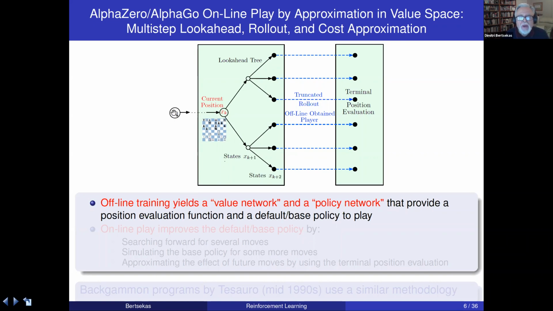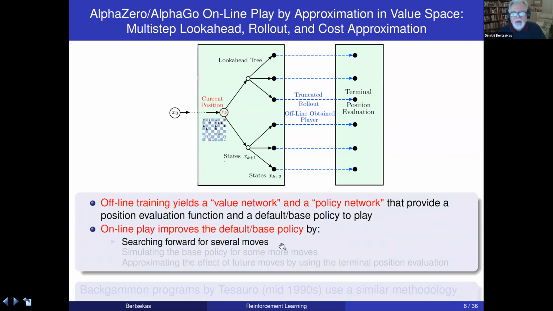Let's think of a game as a sequence of positions. Let's say the starting position we'll call X0, and the current position let's call Xk. So that's our current position, and we have this value network and the policy network, which we obtained by offline training. Then we generate a lookahead tree, a tree of possible moves and countermoves that may go up to a certain depth.